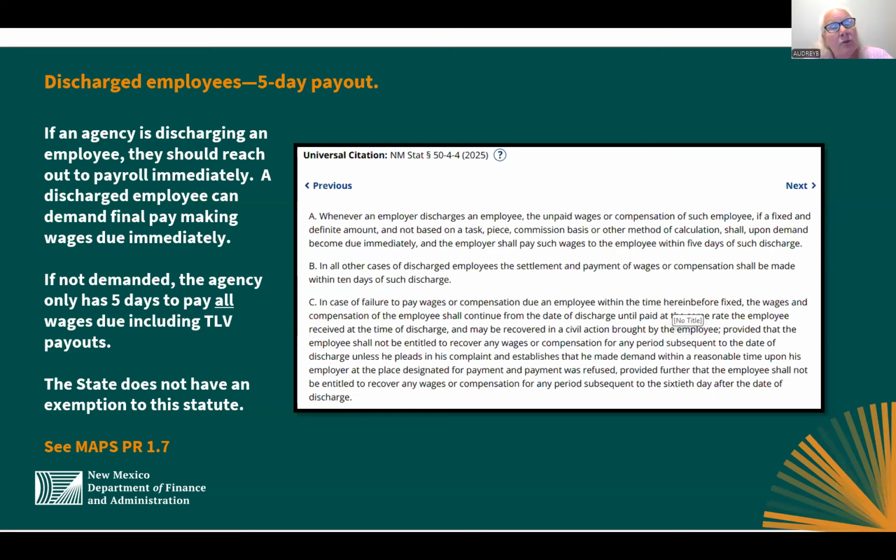That is actually correct. So if an employee is terminated today, the clock starts tomorrow. So if they are terminated today, you have 5 days after discharge. So the clock starts tomorrow when they are discharged.